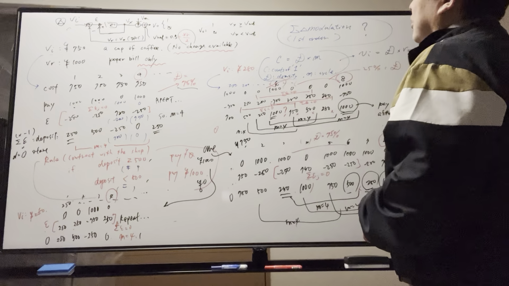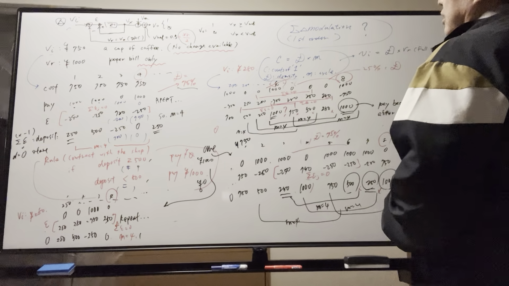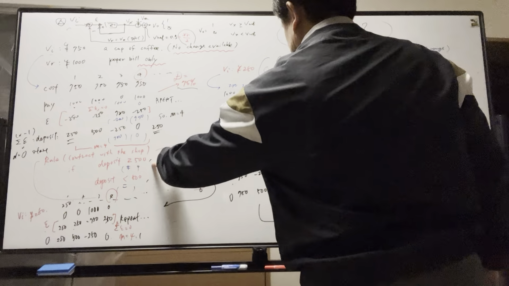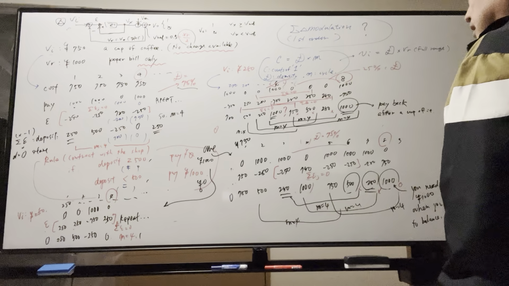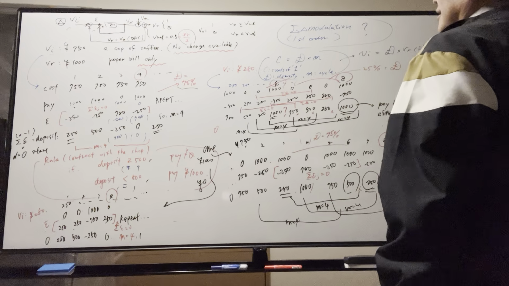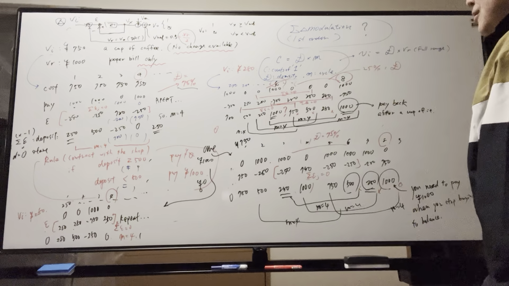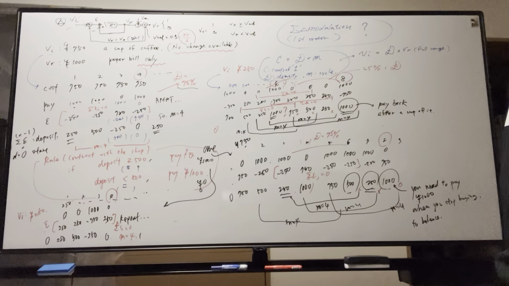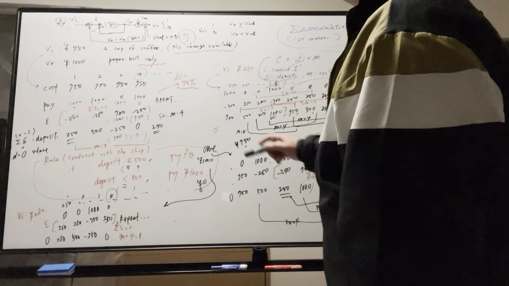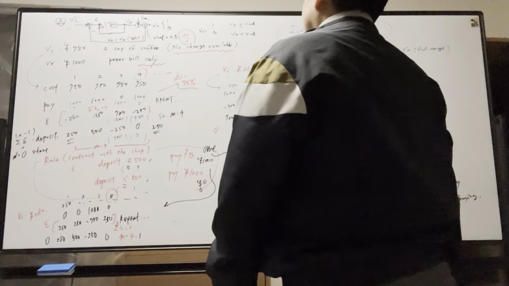So in general cases, there's an appropriate threshold judging point, but the owing rule or depositing rule actually makes a difference. So we need to choose the appropriate one for the target input.